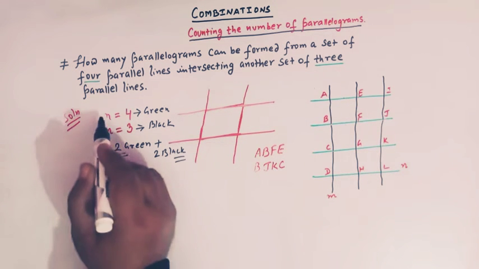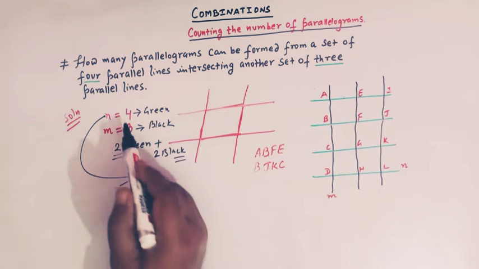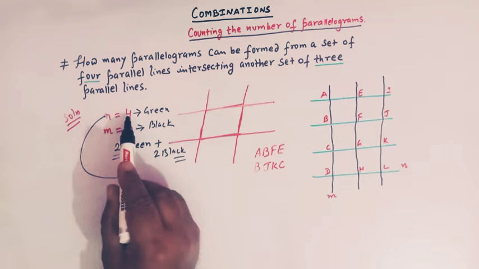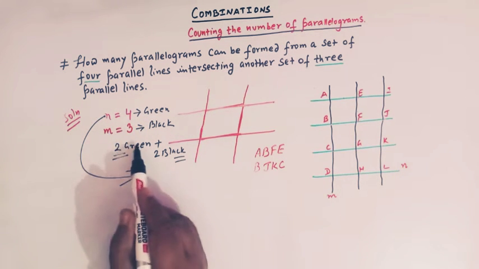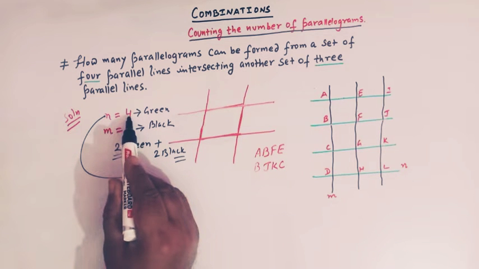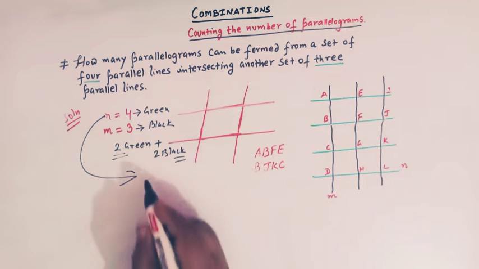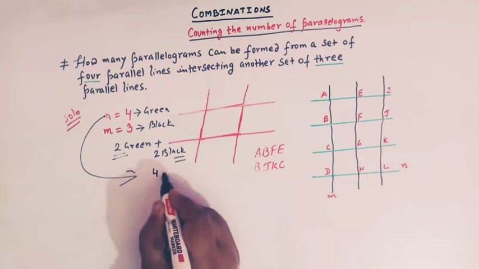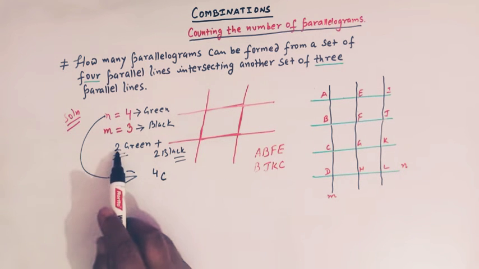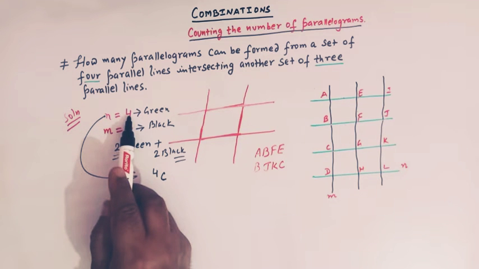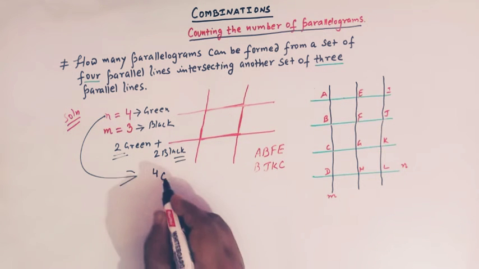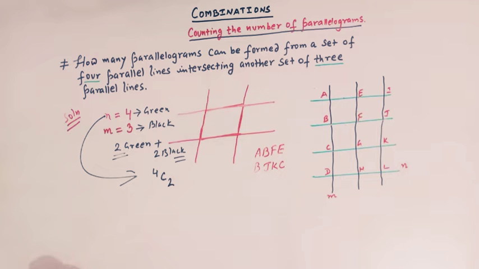So now what we have to do is choose 2 green lines out of these 4 green lines, right? And the number of ways to choose 2 straight lines out of these 4 straight lines is 4C2, right?